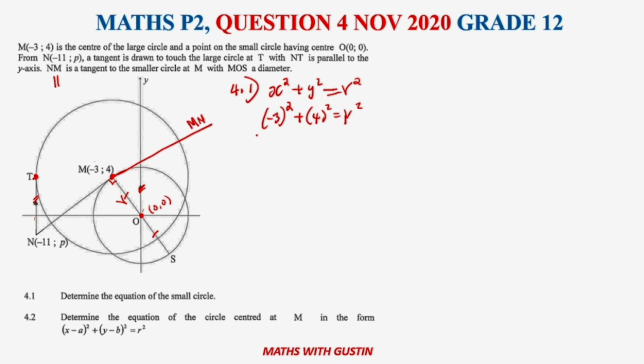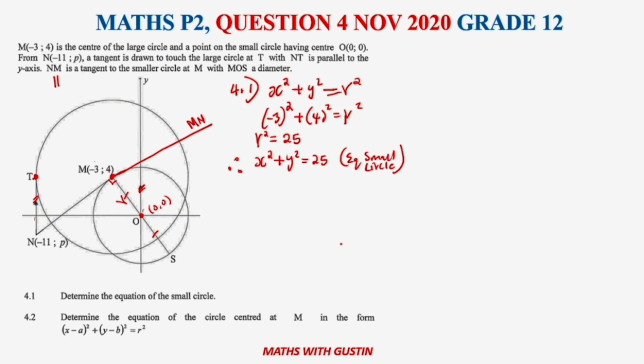Great stuff. So therefore r squared is equal to 25. Therefore we leave it like that because now we are looking for r squared, we're not looking for r. So therefore our equation of the small circle is given by x squared plus y squared is equal to 25, which is the equation of the small circle.